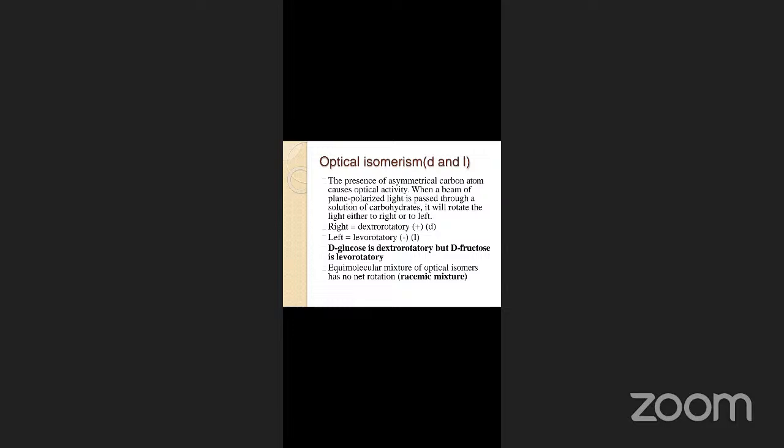When there is an equal mixture of both dextrorotatory and levorotatory, it is called a racemic mixture.